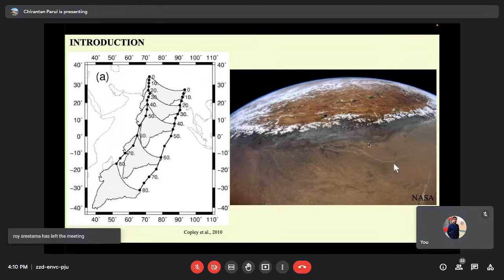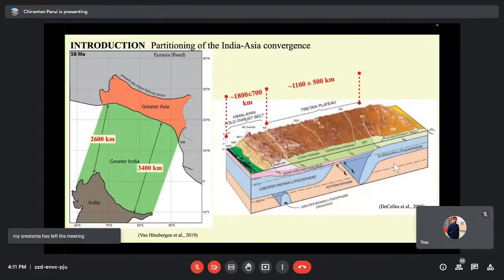So now let's see what's happening in the most active orogenic mountain belt on the Earth's surface, the Himalaya.